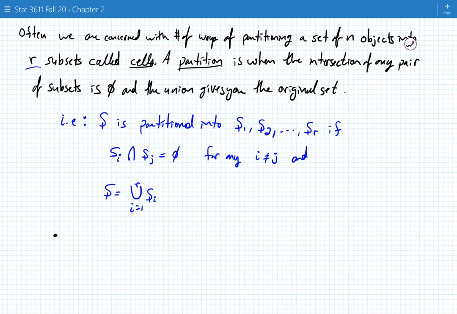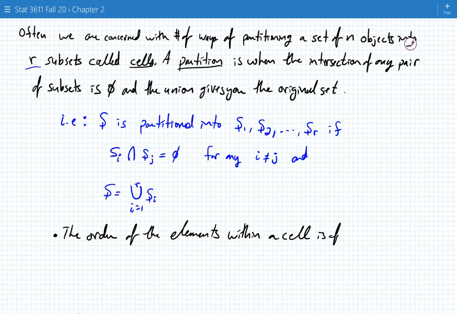The order of the elements within a cell is of no importance.